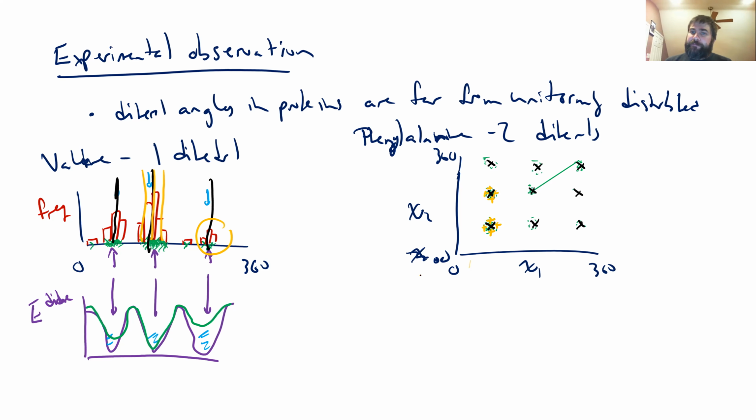This idea that we can observe what are the most common structures and then define a set of choices that is based on those frequently observed choices is referred to as building a rotamer library.